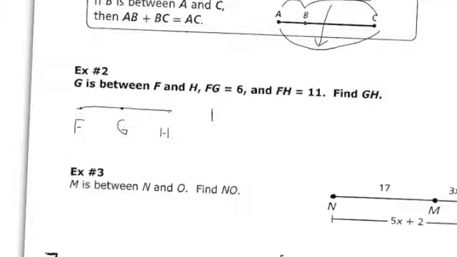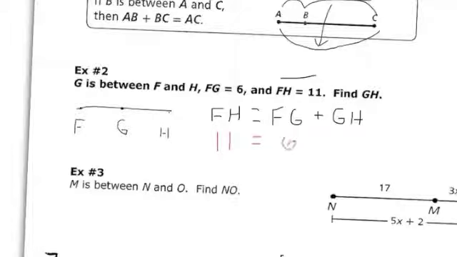We have FH, and to find FH we have to add FG plus GH. Let's plug in some values. We know that FH equaled 11, so we plug in an 11. We know that FG is 6, and we don't know what GH is yet.